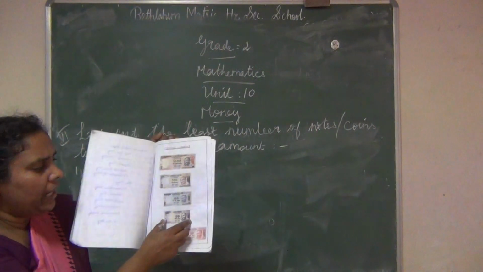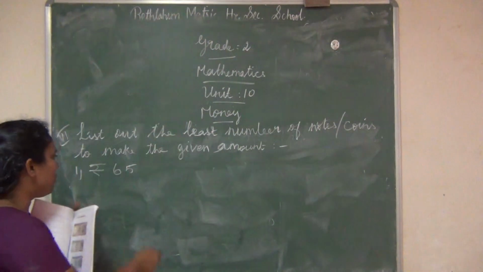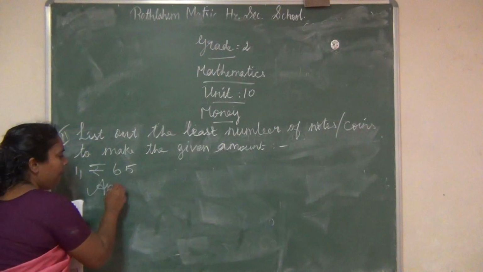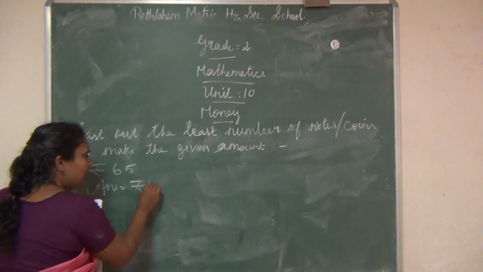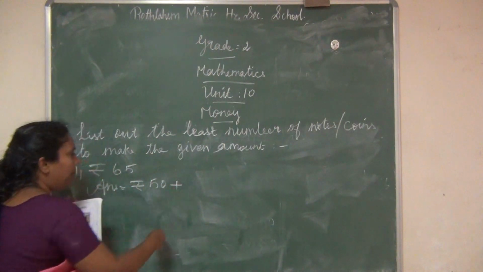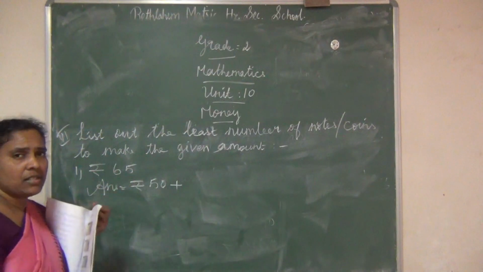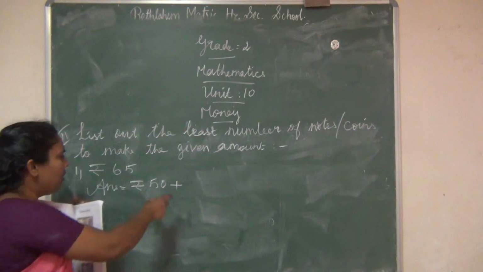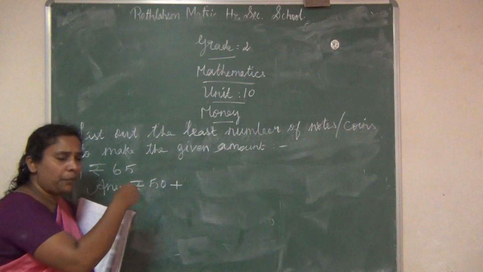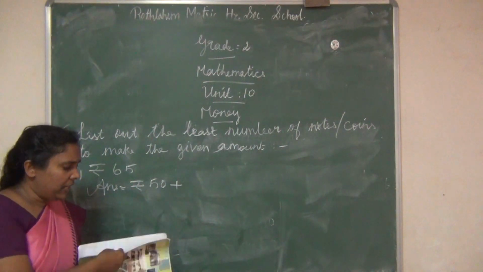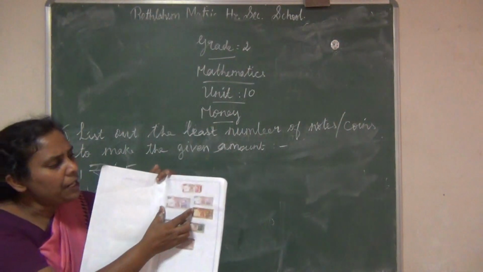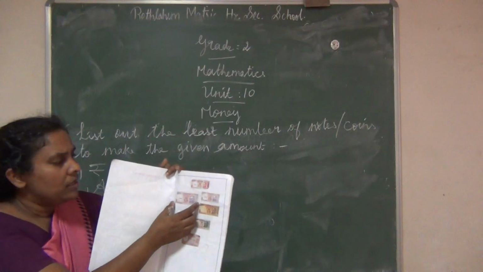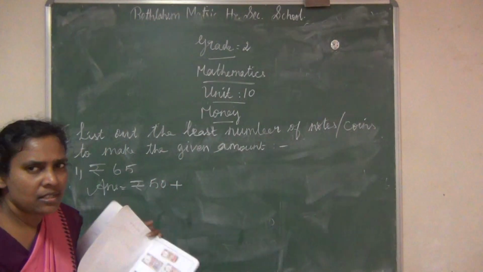So we need a 50 rupee note. So the answer is rupees 50 plus, to get 65. First we need a 50 rupee note. Next we need a 10 rupee note to get 65.